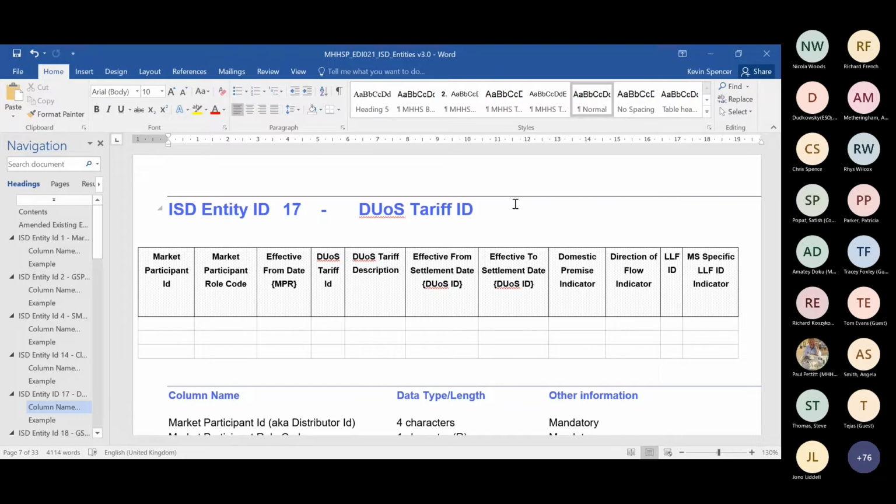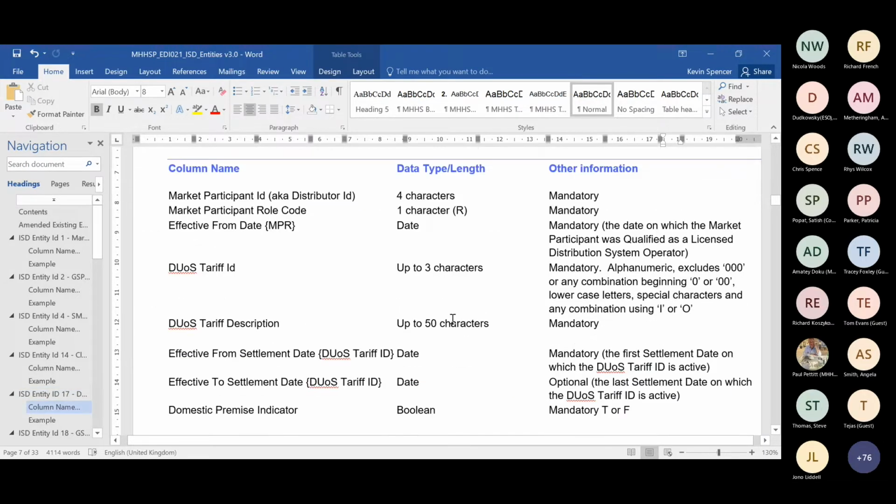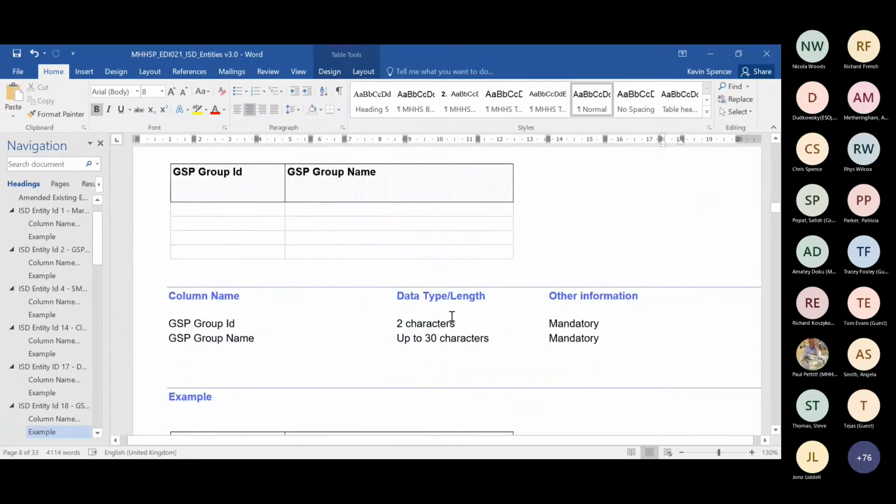However, it's also used to identify the line loss factors that need to be applied in settlement calculations. So we're introducing a new data item called line loss factor ID to replace that, to split those two uses, which will allow us to hugely reduce the size of the files related to the line loss factors.